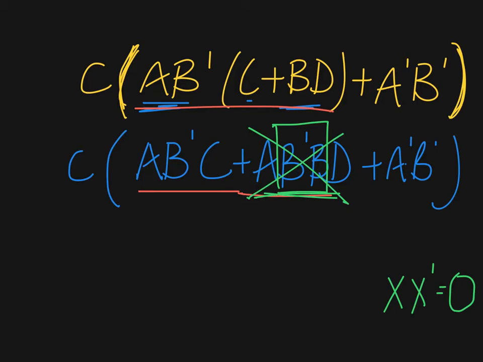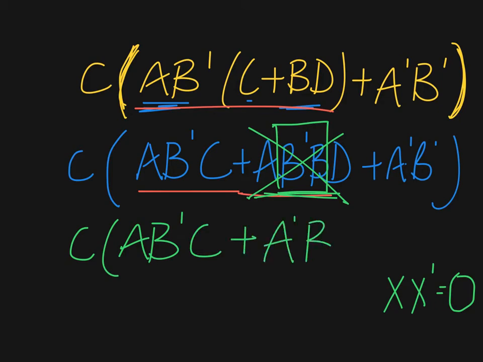So straight away, we've ended up with a very, very quick simplification. So we'll have the C still, the bracket, A, not B, not B, C. This middle term has gone, and we add A, and not B. Okay, so that's where we've got to.